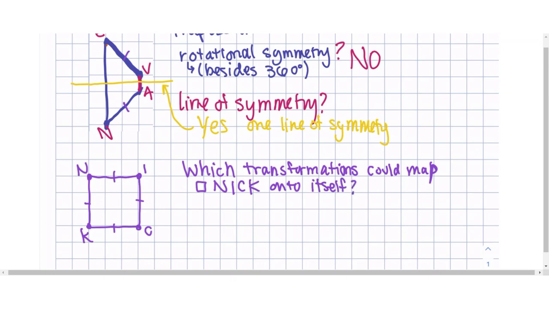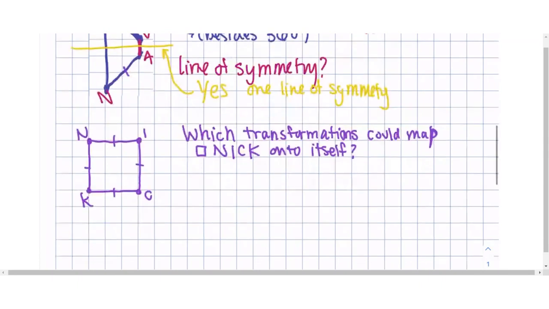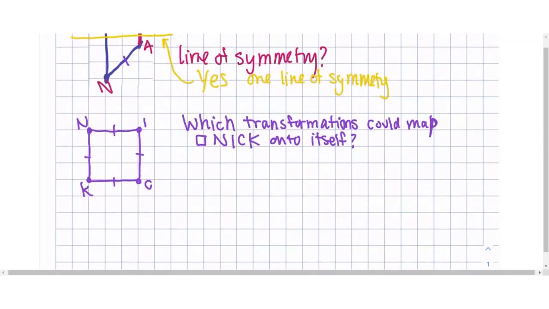That's how you spell it. So which transformations could transform square NICK onto itself? What could we do? Purple is the color I'm writing with. So what is one transformation that you could see that would map it onto itself?